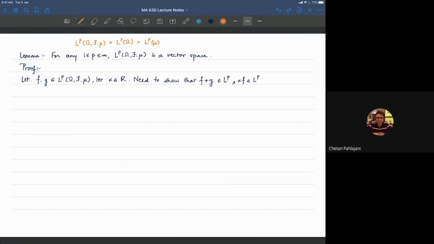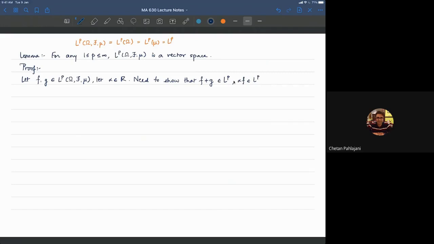A measure is defined on some measurable space (Ω, F). So as soon as I tell you I'm talking about the measure μ, I'm fixing Ω and F also. And of course, very often when there are no competing measures and no competing spaces in the background, and there's only one set Ω, one measure and one sigma algebra, we just write L^p. So when it's understood what the measure space is, we'll just write L^p.